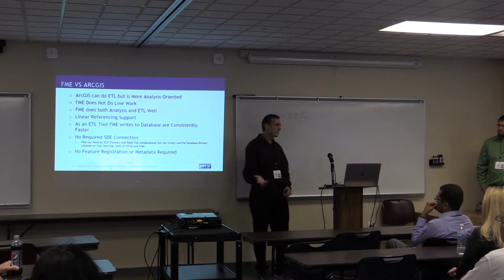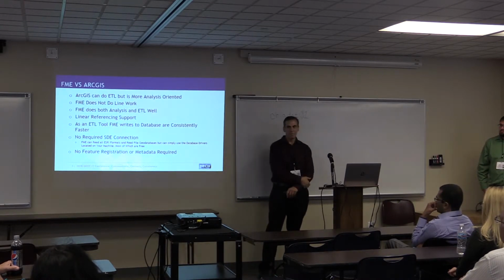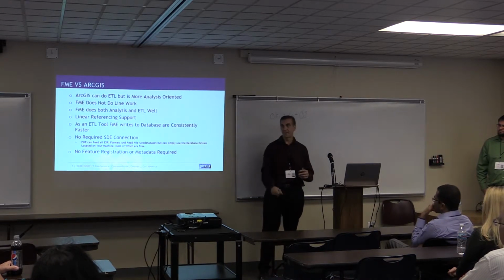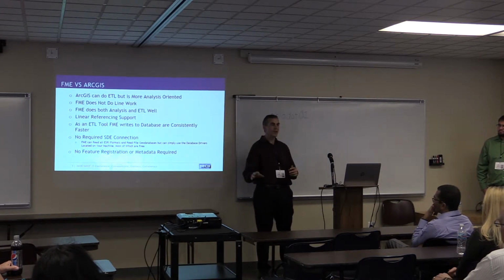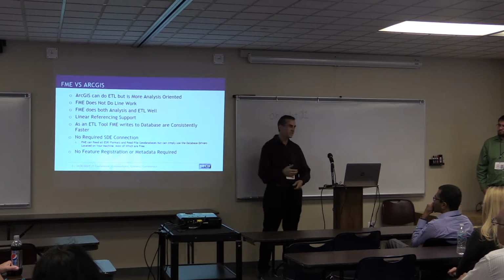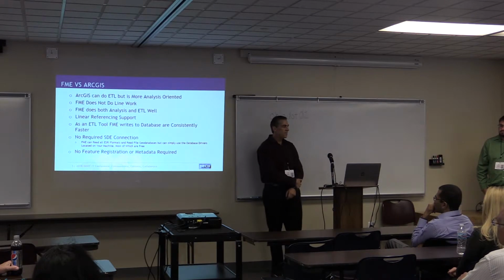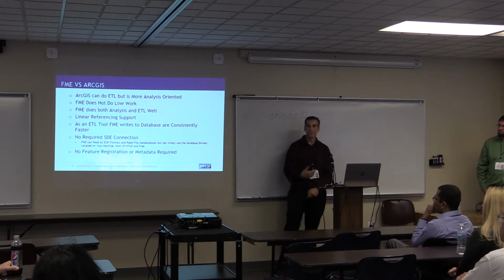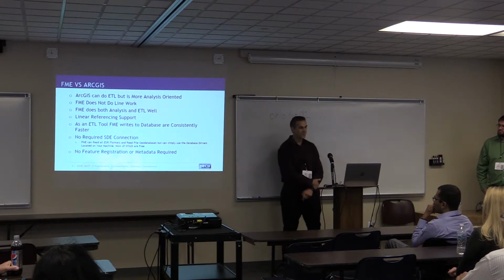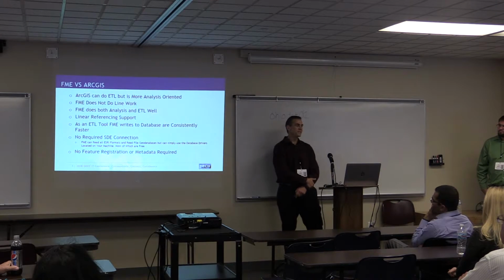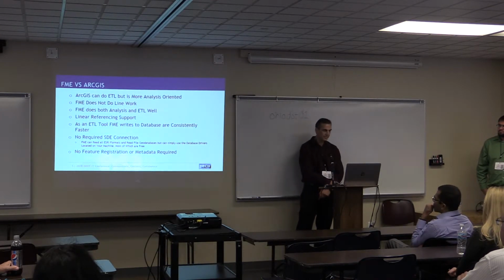Esri, of course, can do that, but it's not as focused as FME. In FME, you just basically drop your writer in there, and whatever's coming out of it will either create the table and write it, or it'll use an existing table for you. FME doesn't do line work, so if you're looking to do line work or model our roadway inventory, this would not be the tool. However, like ArcMap, it does analysis very well, and it of course does ETL very well.